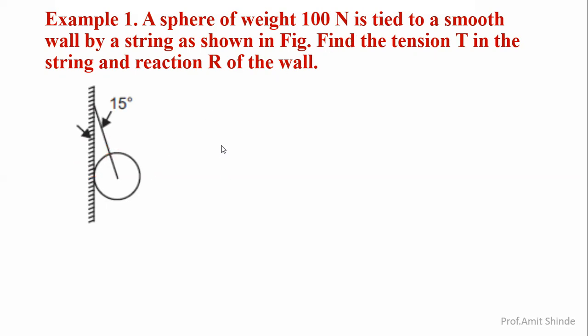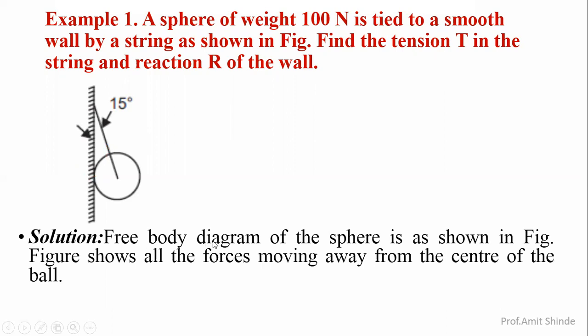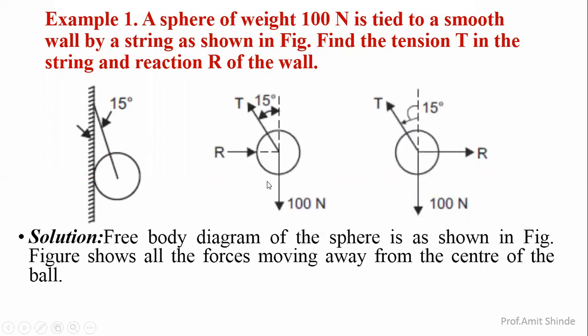We first have to draw the free body diagram of the sphere. The free body diagram shows all the forces moving away from the center of the ball. It shows the self weight of 100 Newton, which always passes through the CG of the body, then the reaction R due to contact with the wall, and the tension T developing inside the string.